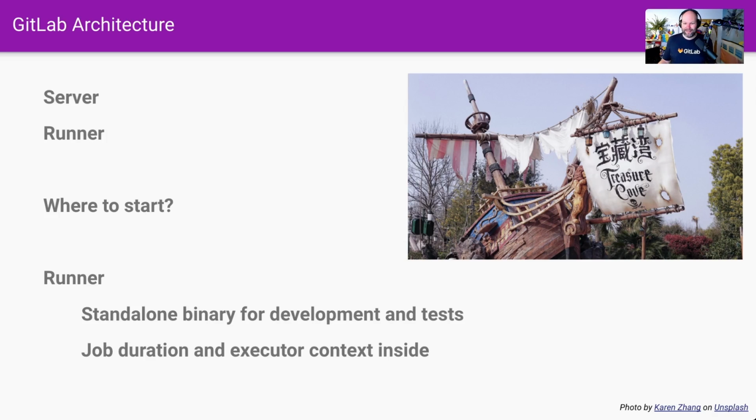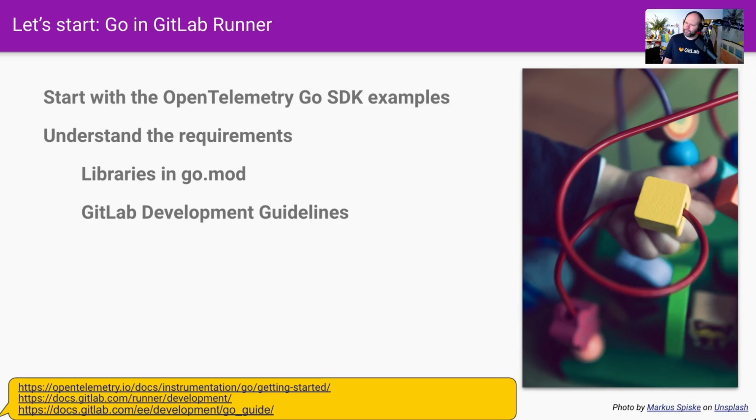Now, coming back to the architecture, server and runner, where to start? The runner is much more approachable and can be used standalone. And the job duration and the executor context are available inside. So this was my analysis and research approach to say, hey, I'm starting with the runner now and adding OpenTelemetry in there. Now, how to get started with adding something into the GitLab runner, which is written in Go?